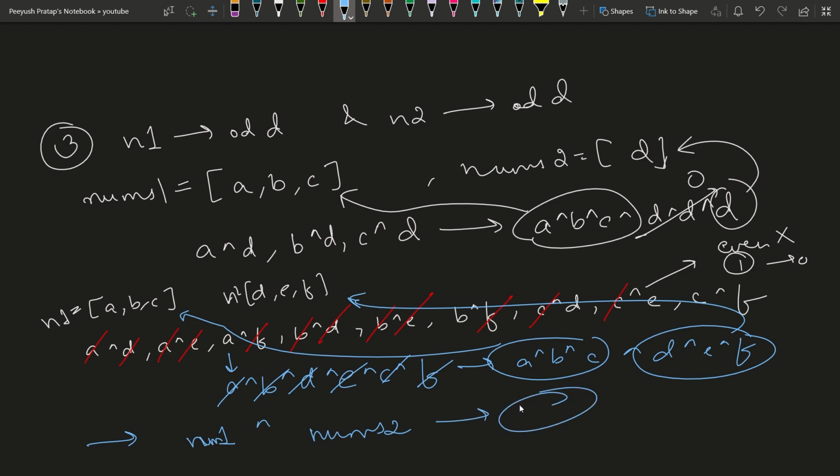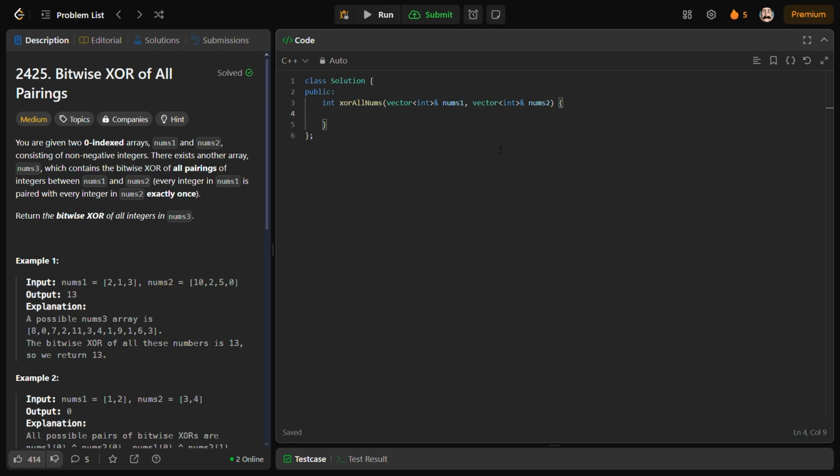Now let's code it and complete this. Okay, so first of all we take the length of nums1 and nums2.